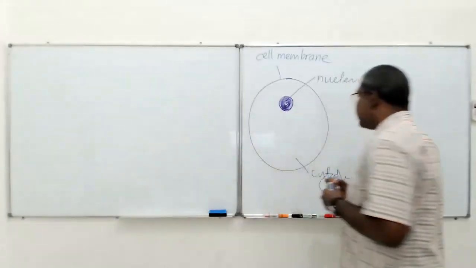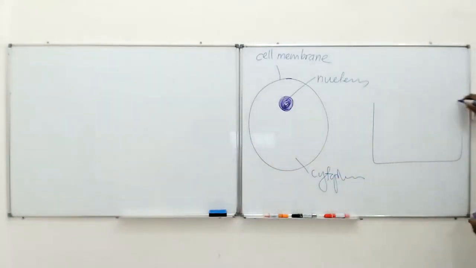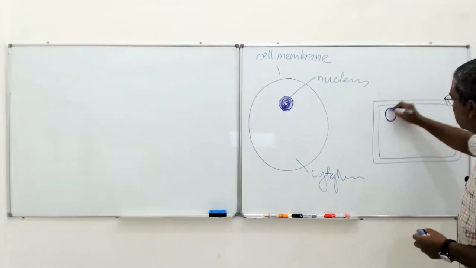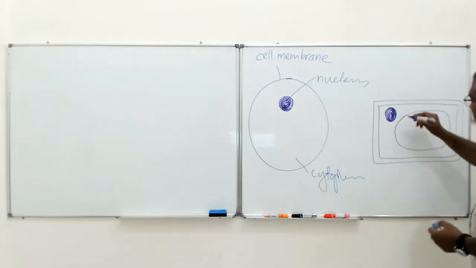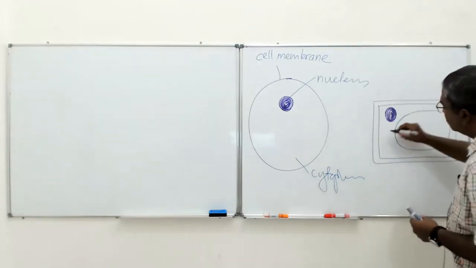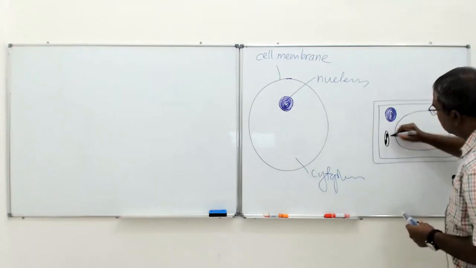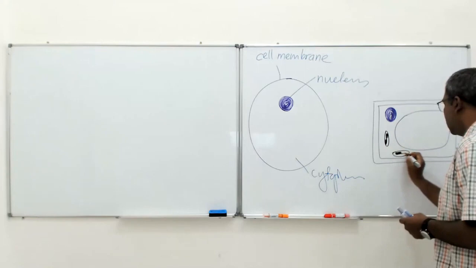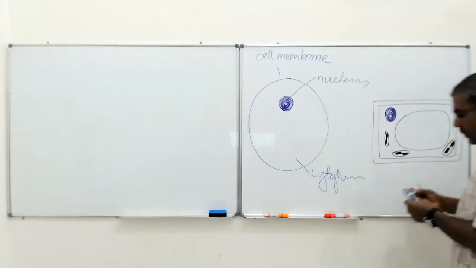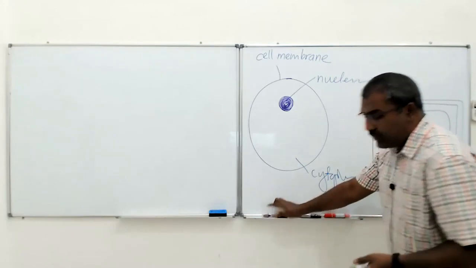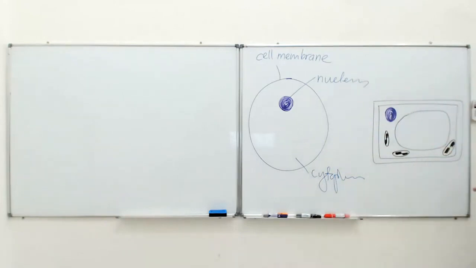If plant cell, okay. For plant cell, when you look under the light microscope, you can only see these things, not other things.